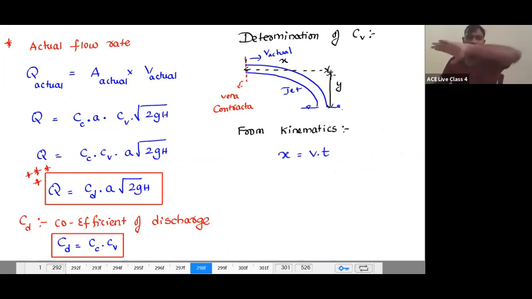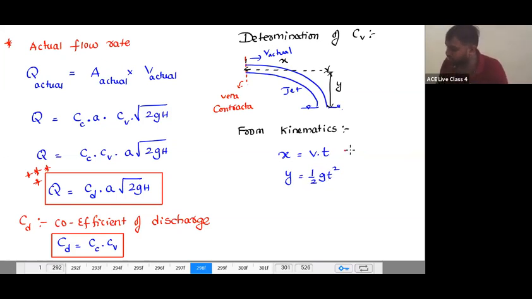And whatever depth it falls down is going to be half gt square, meaning whatever falls down by means of gravity. So this is a parabolic path. It travels a horizontal distance x and a vertical distance y, and x is nothing but v into t, and y is equal to half gt square.